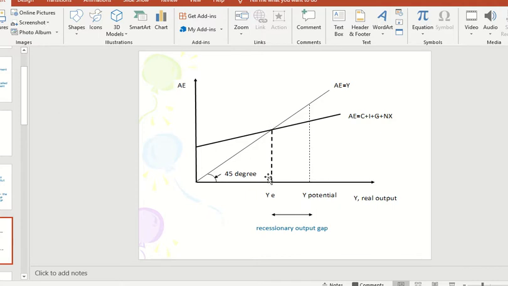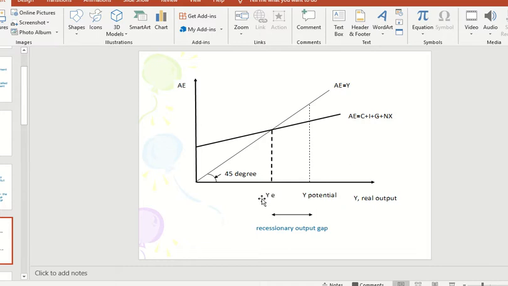This gives us the equilibrium output level because what is produced is purchased. That's when the spending is equal to the amount of output that's produced. So this is the equilibrium output.